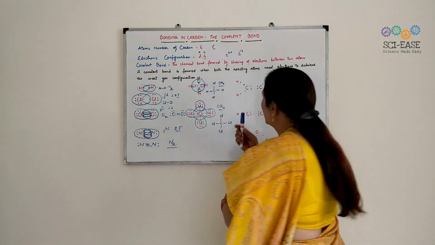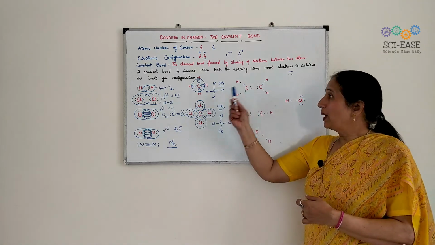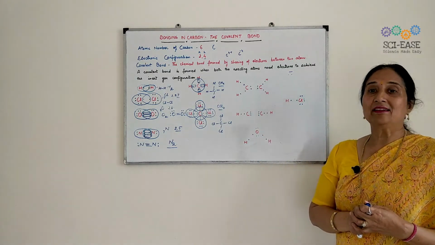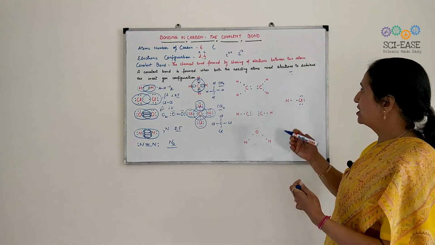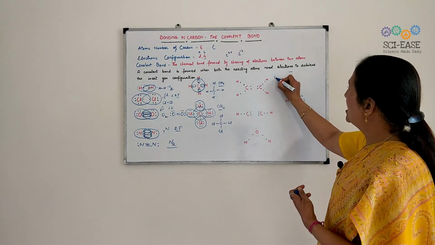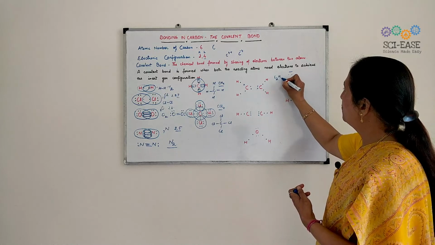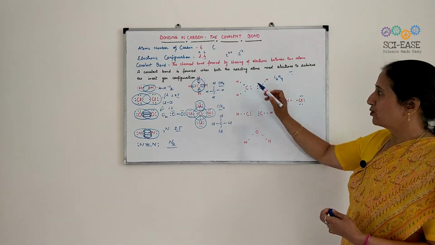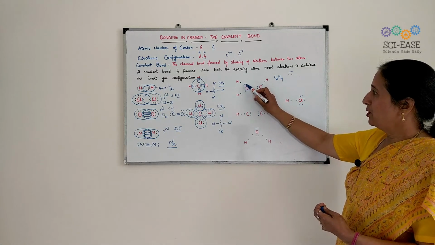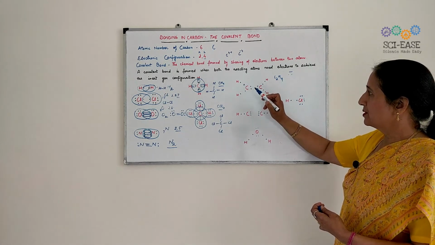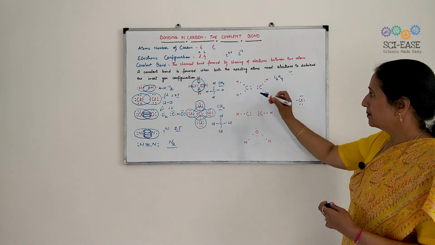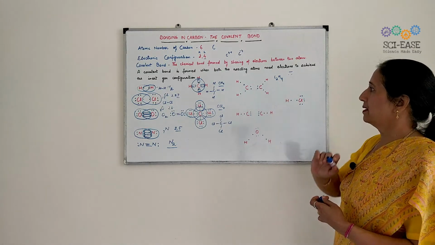Now I will take one alkene, that is ethene. Ethene has the formula C2H4. Now carbon has 4 electrons. I have put 4 blue crosses around this carbon and this carbon.